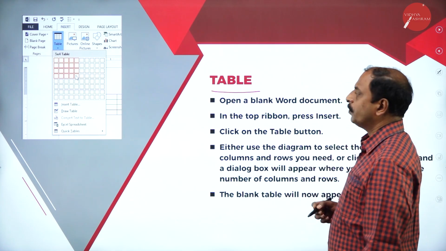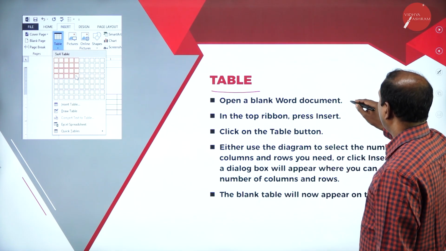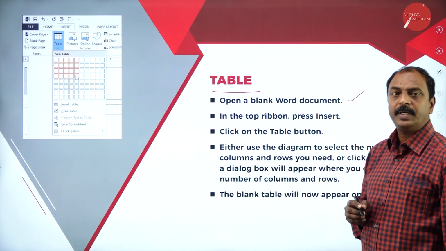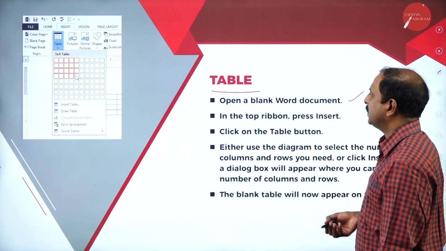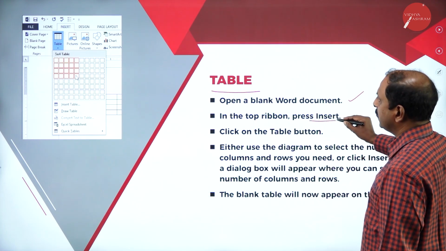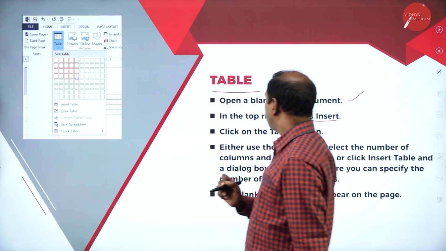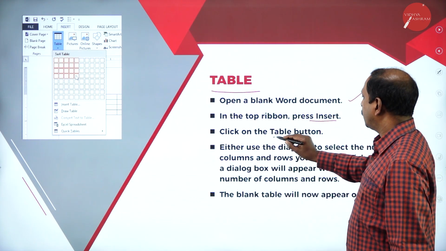So how to create a table? The steps go like this. Open a blank Word document, open the MS Word application. Then in the top ribbon, press insert. Under that, we click on the table button.